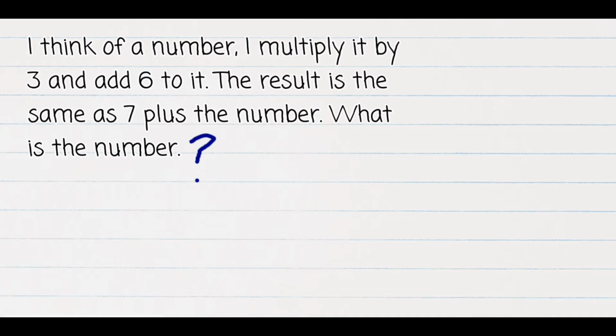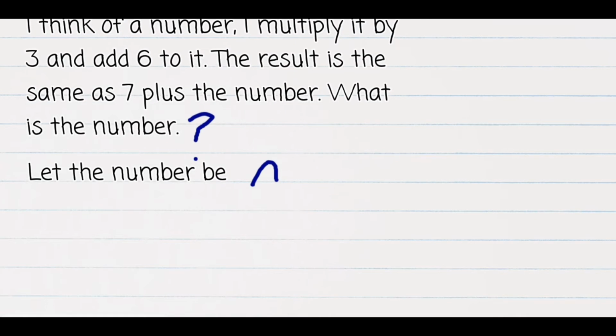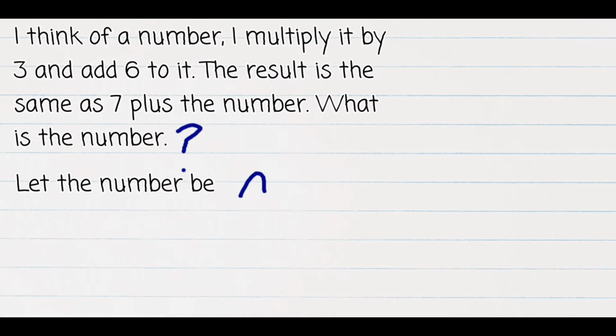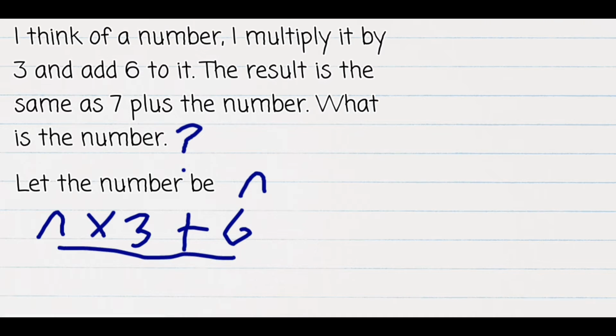But for this example, let's use N. So let the number be N. Now, I think of a number, I multiply it by 3 and add 6 to it. Meaning, from the first sentence, what we can derive is N times 3 plus 6.